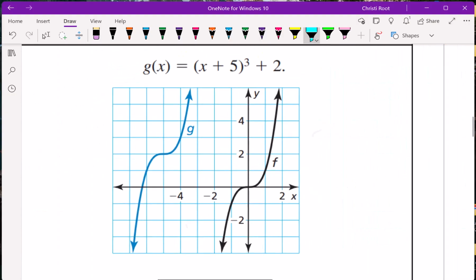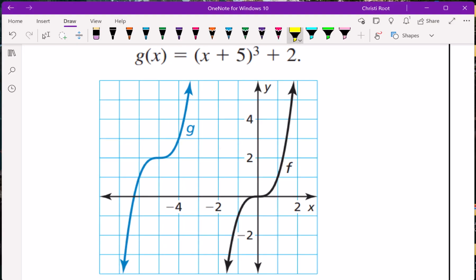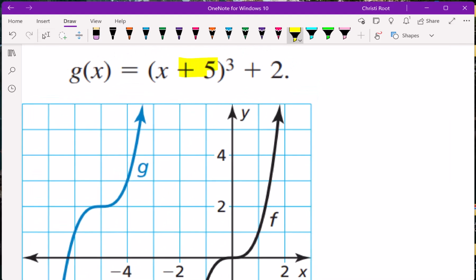So if you look at this example right here, as students, you need to be able to look at an equation and tell me what's going on, and you need to be able to look at the graph and tell me what's going on. So I'm going to grab a highlighter, and I'm going to highlight this +5. And then a different highlighter color for +2, because these are going to do 2 different things to your graph.